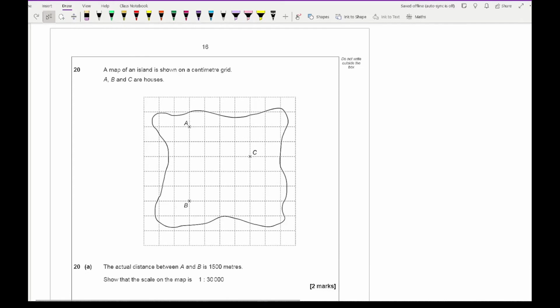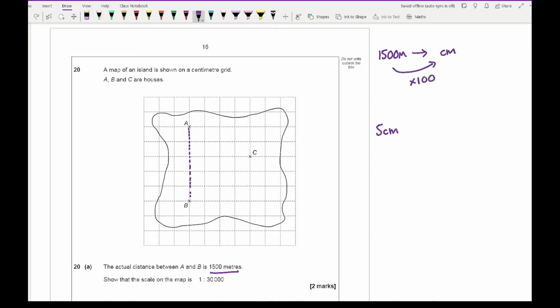So first thing I need to do is measure the distance from A to B. As I can see without using a ruler, A to B is 5 centimeters. Now if the actual distance is 1500 meters, what I need to do is convert 1500 meters into centimeters. How do I do that? Well, I multiply that by 100.